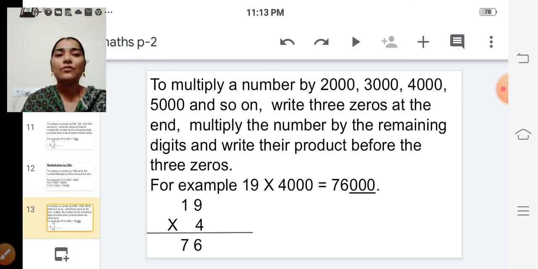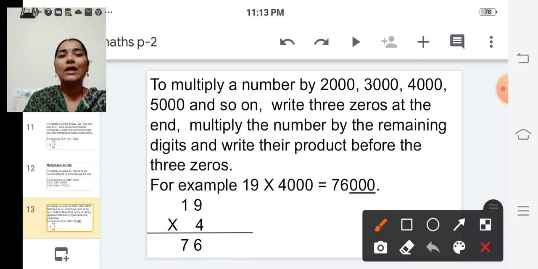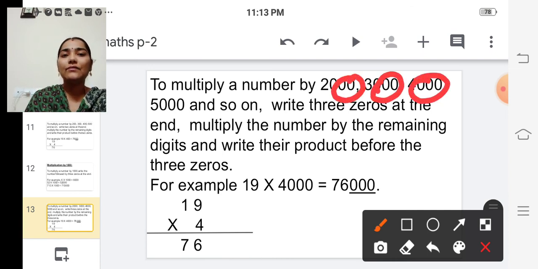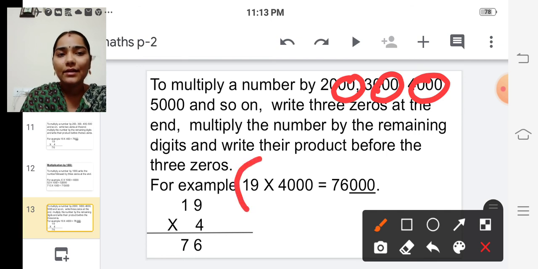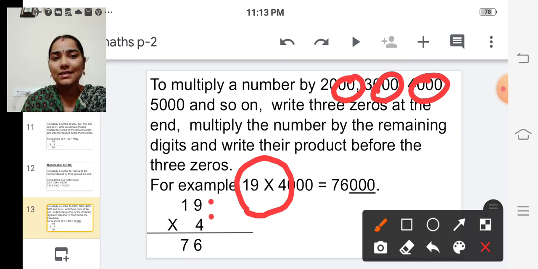Okay. So for example, 19 into 4000. So in the first step, what we have to do? We have to write 3 zeros at the end. And we have to multiply the remaining digits, isn't it? 19 into 4 again. So 9 fours are 36.